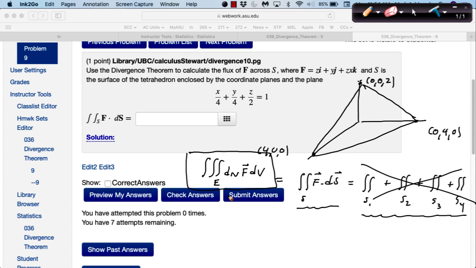I think this is easier, but the hard aspect of this is doing that triple integral. The divergence is easy, but then those bounds and the algebra on these triple integrals over tetrahedrons get a little complex. So that's the one difficulty, the trade-off for doing the four flux integrals versus the triple integral.